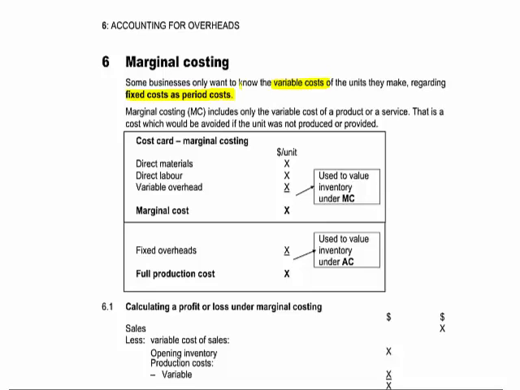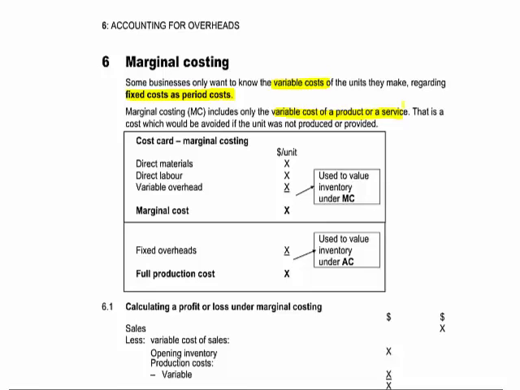So if a business opts to make more units, then the rent cost isn't going to rise in the short term because it will be fixed for a given level of capacity. So under marginal costing, we just consider the variable costs of a product or service. And these are the things that would be avoided if we didn't produce the product.